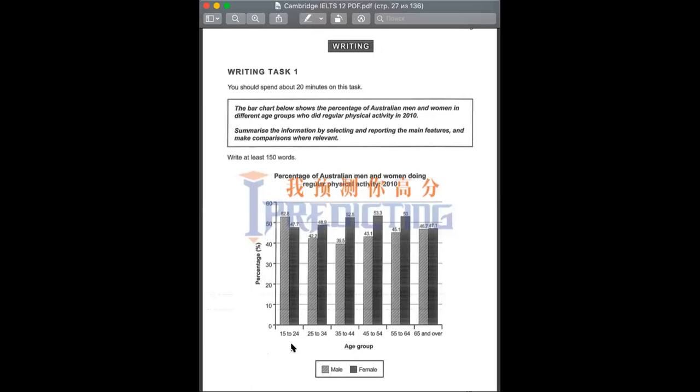Okay, so what do we see here? First of all, let's analyze the task. Firstly, this is just the description of this chart.